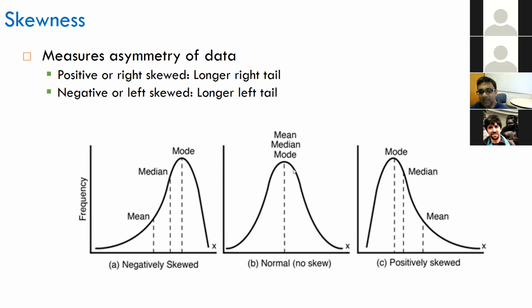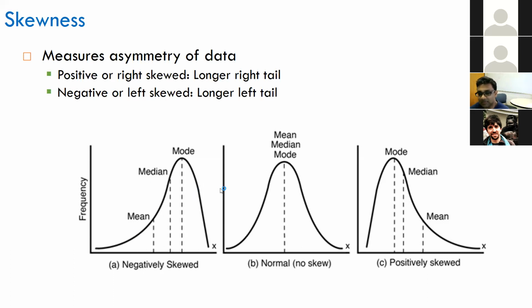This is mainly theoretical. You mostly get something like this or like this, not highly deviated, but similar to this one or this one. Positive or right skewed means you have a longer right tail; the middle value is somewhere here, the mode is here, and the mean somewhere here. Then negative or left skewed. So don't worry if you get this kind of data or that kind of data, but if you have a lot of outliers, there's a problem with the data set.